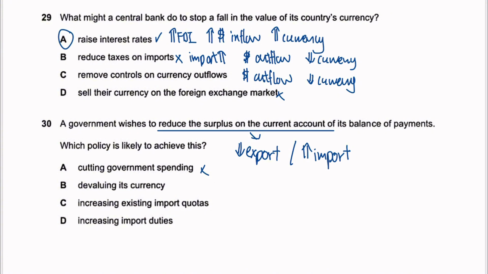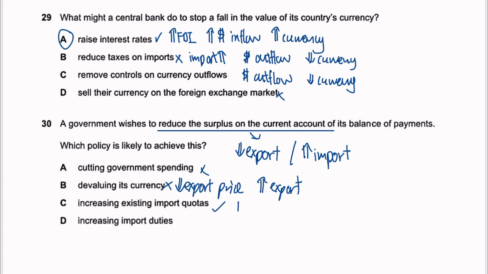B, devaluing its currency. Okay, so when your currency is lower, this makes your exports cheaper. So your export price reduces, so it will actually increase your export demand, which is not what we want, right? Okay, C, increasing existing import quotas.